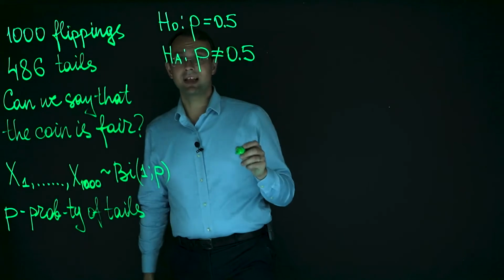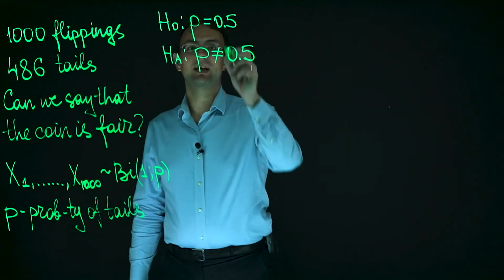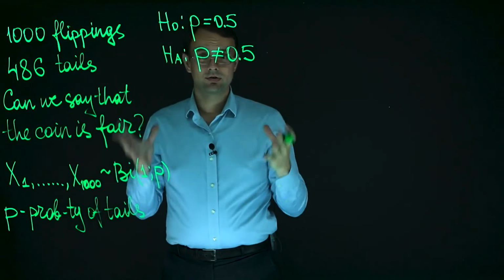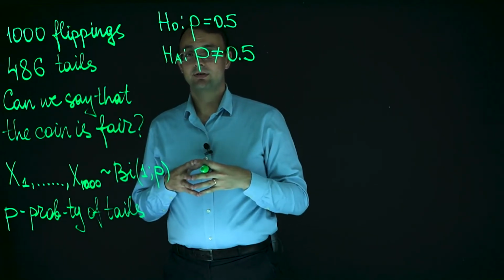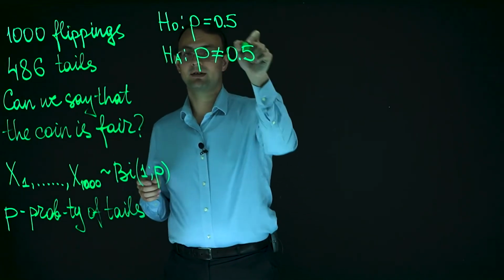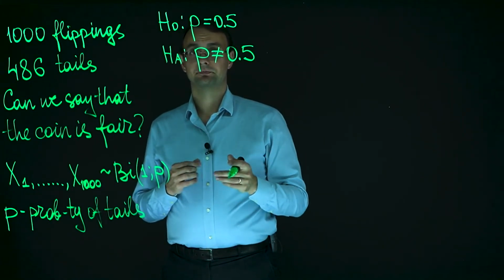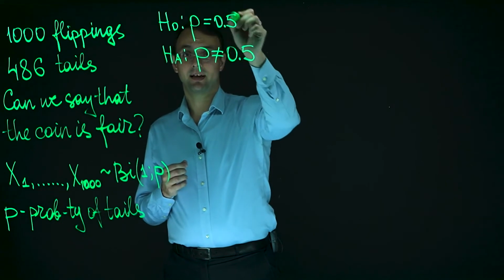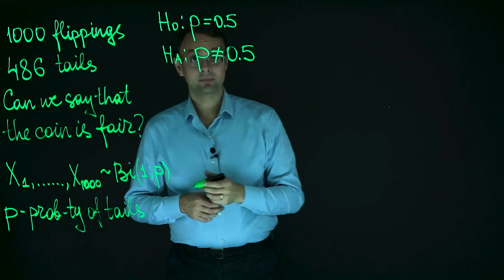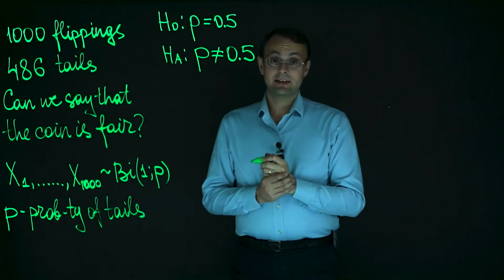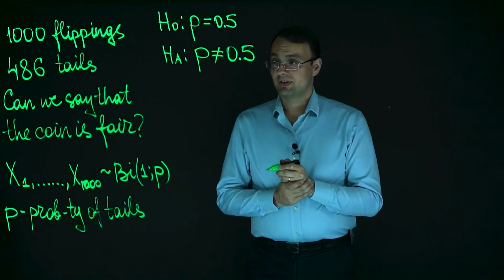But this is not our case. In our case we have just a simple hypothesis, so it is very easy to formulate an alternative. It's just not the null hypothesis. So equal, not equal. This is our pair of hypotheses.